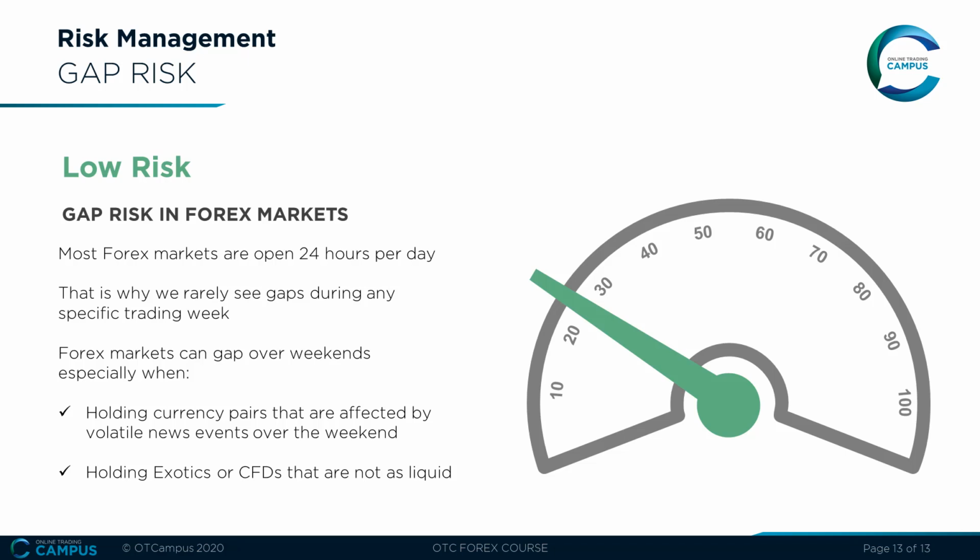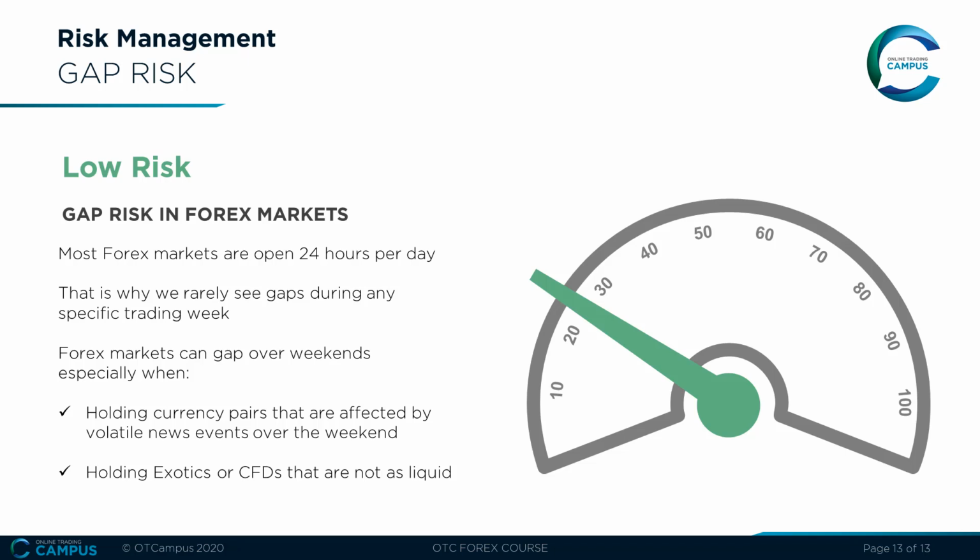In the Forex markets, there's a very low risk of gaps as markets are constantly open, and therefore we can always manage our open trades and ensure we can enter or exit markets at the desired calculated price. However, we still have to recognize that over weekends, gaps may still occur in case of increased volatility over the weekend.